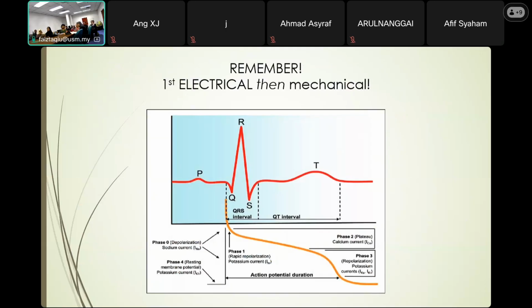At what point of the cardiac action potential do you see the mechanical event reflected on the ECG? When you read the topic for the master's, always anticipate what they are going to ask, how you are going to explain, and how one explanation relates to the other.